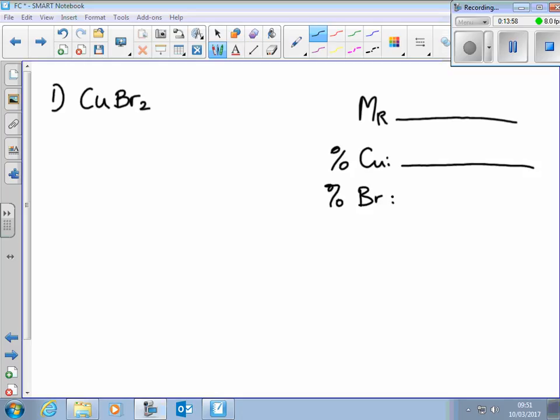The rest of them all have the percentage signs, but that one has lost its percentages somehow. So let's have a look then at calculating this.